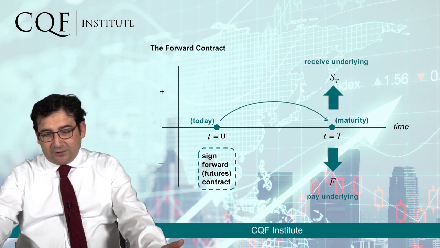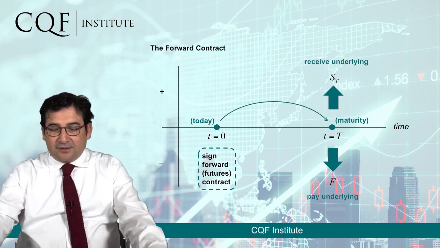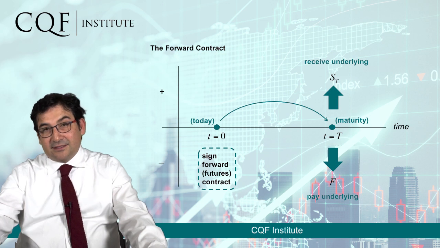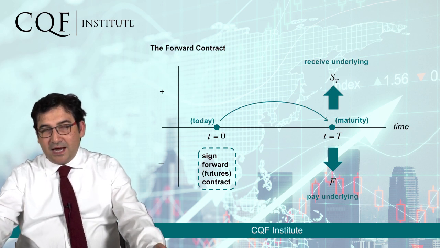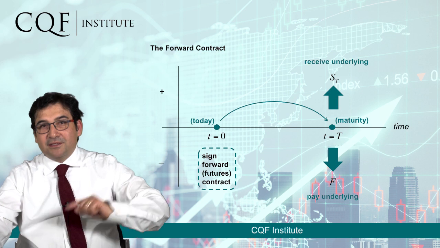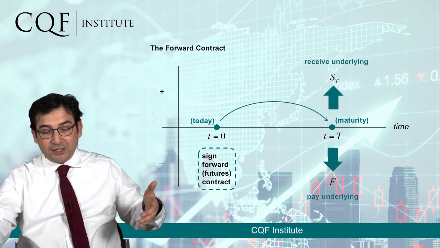The forward contract or futures contract differs in that these cash flows, the buying and the selling, happen in the future, but it's pre-arranged today.